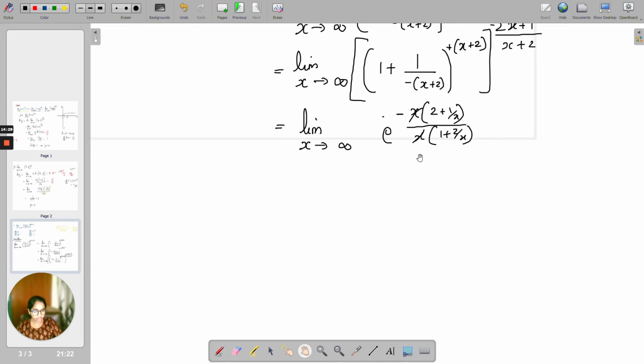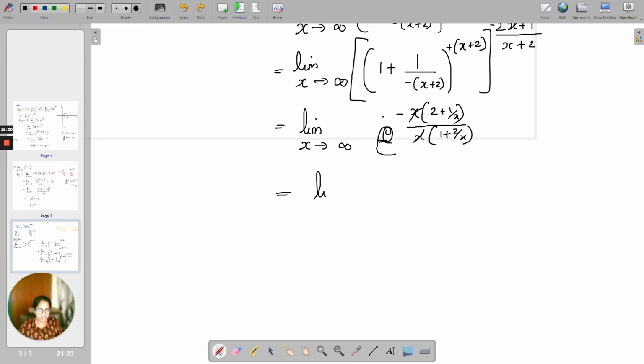Okay, so what is this now? Okay, let me write e a bit bigger. Yeah. Okay, so 2 plus 1 divided by infinity. 1 divided by infinity is 0. Yes, so this is 2 itself. In the denominator, 1 plus 0 is again 1.